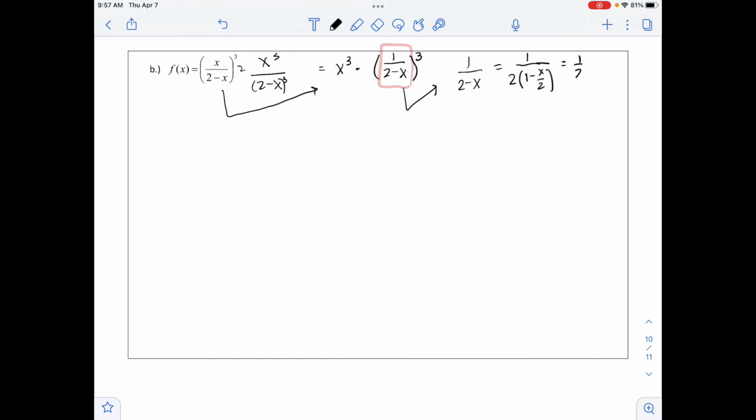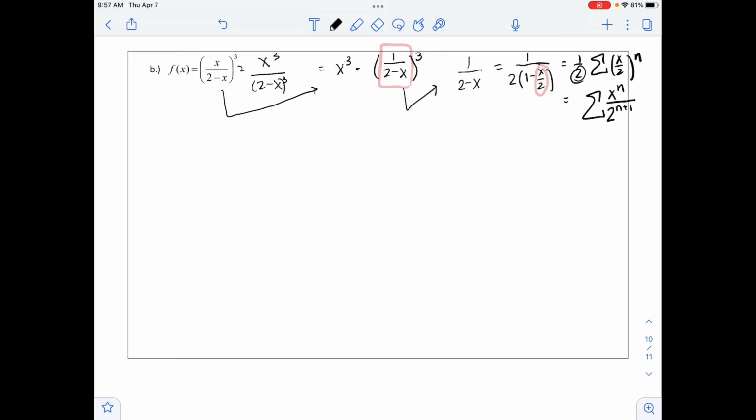So this would be equal to 1/2 times the sum of, and this time we have x over 2 to the nth power, which would also be the same thing as the sum of x to the nth over 2 to the nth, but you also have an additional 2 out here, so we can write 2 to the nth plus 1, since there's an extra 2 in front of the sigma.